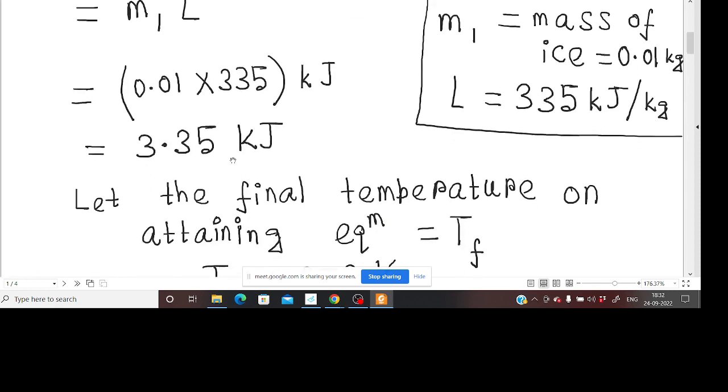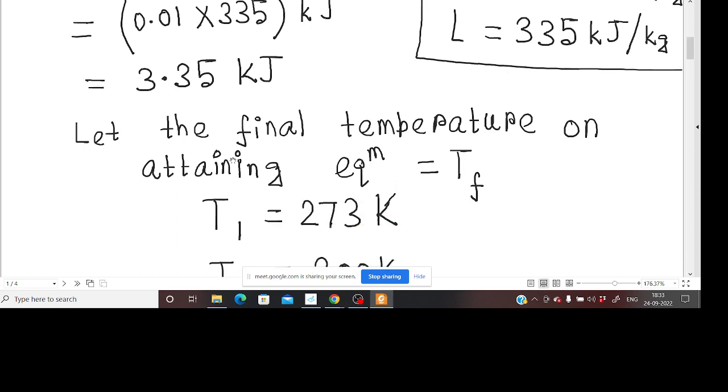Now we have 0.01 kg of water at 273 Kelvin and 0.1 kg of water at 300 Kelvin, because the ice has already been melted. Okay, and the temperature of the water of mass 0.01 kg is now 273 Kelvin.